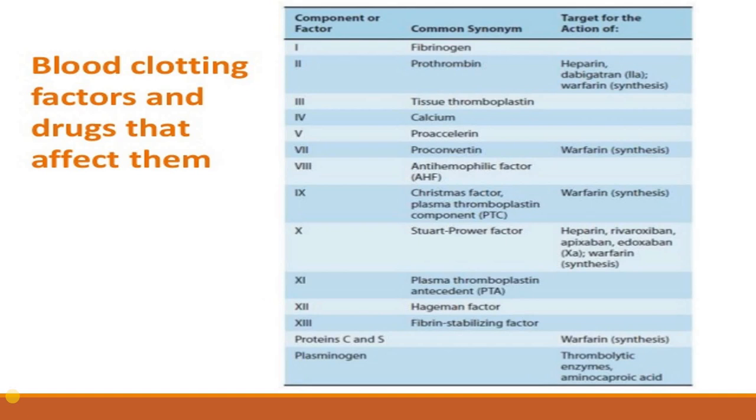First is fibrinogen, that is clotting factor one. Second is prothrombin. Third is tissue thromboplastin. Fourth is calcium. Fifth is proaccelerin. Sixth, proconvertin. Next, seven, antihemophilic factor, AHF.